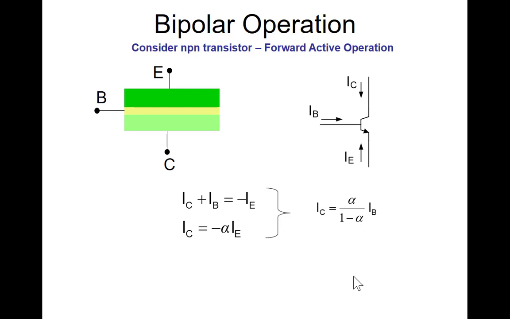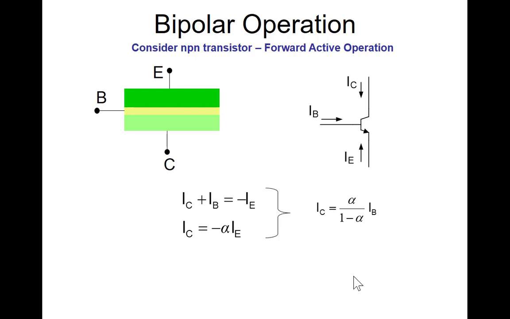From these two equations, I can obtain a relationship between the collector current and the base current by just eliminating the emitter current between these two equations. So I can observe that the collector current is equal to alpha over 1 minus alpha times the base current. Okay, yes?